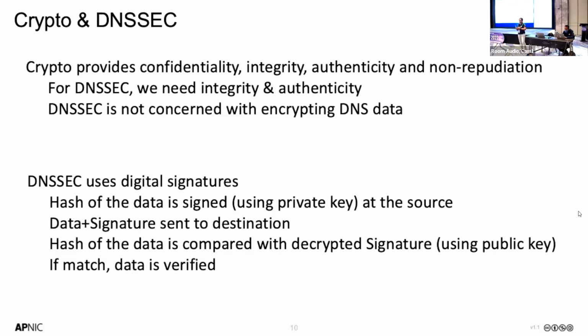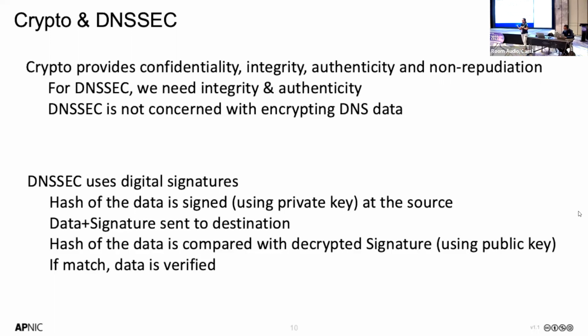I hope you're familiar with digital signatures. With public key crypto, you have two keys, one public key and one private key. You use one key to encrypt and the other to decrypt. For a digital signature, you usually use the secret key to sign the message, and you use the public key to validate that the signed message is correct. That is the idea here. You hash the data, the hash of the message.